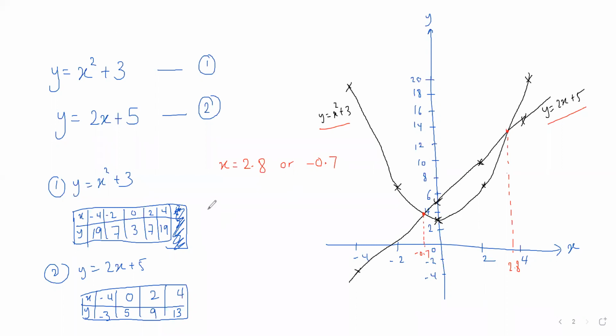So the question is, solve the equation x squared plus 3 equals 2x plus 5. All right.